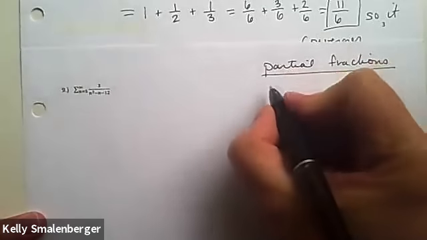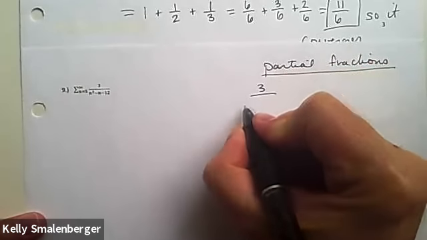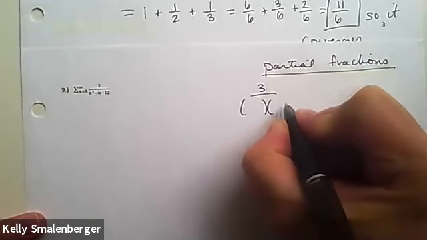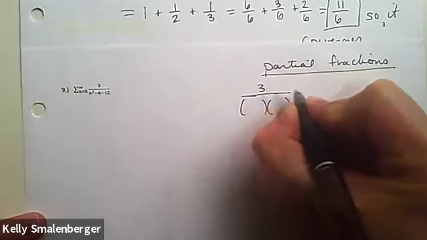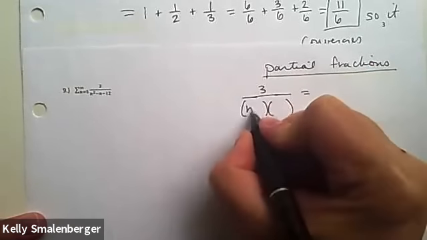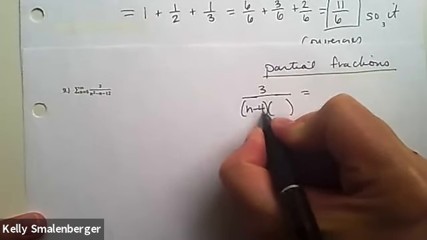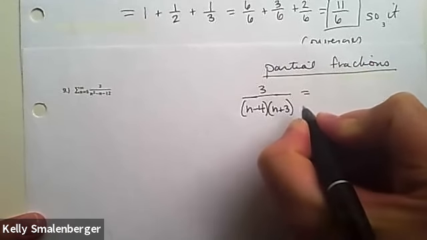All right, partial fractions. Oh my gosh, who can remind me? I have to factor the denominator. I get n minus 4 times n plus 3.